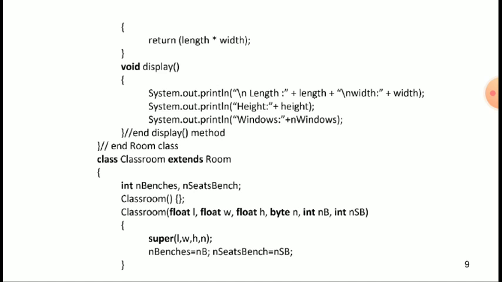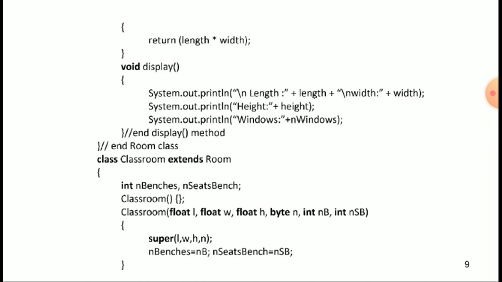Class Classroom extends Room. Starting curly bracket, integer number of benches and number of seats per bench. Classroom constructor: float L, float W, float H, byte N, integer NB, that means number of benches, integer NSB, that is the number of seats per bench.